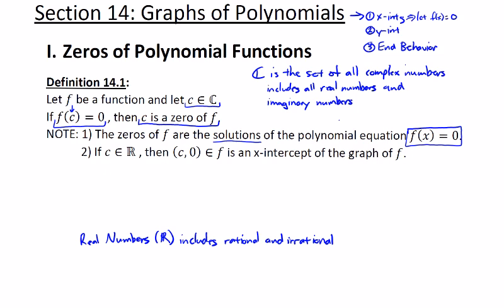So we are now allowing ourselves to have the possibility that your zeros could be imaginary. Now, if they're not imaginary and they're real, then that's what the second statement says. If your number is actually a real number, then you can take that number and you can write it as an ordered pair.